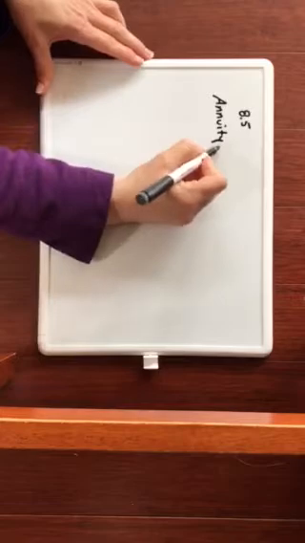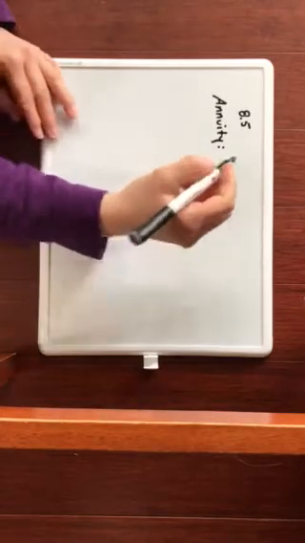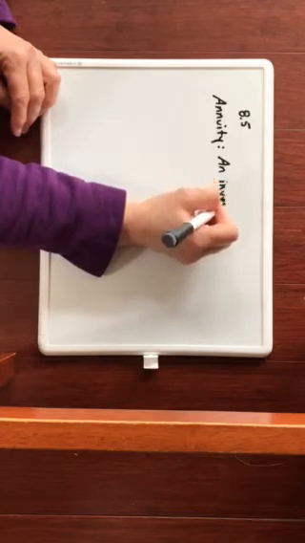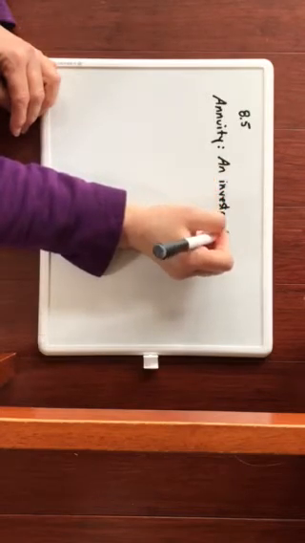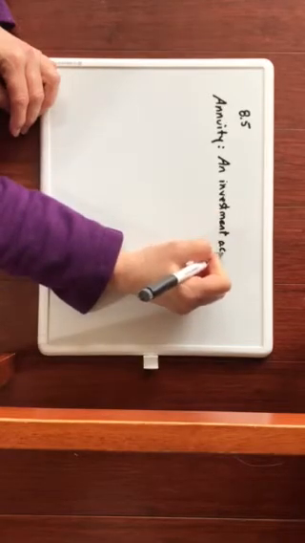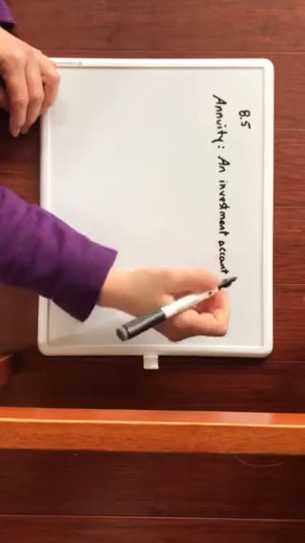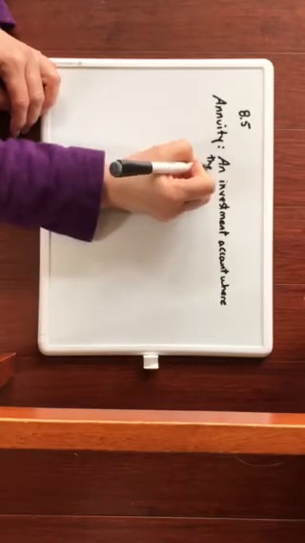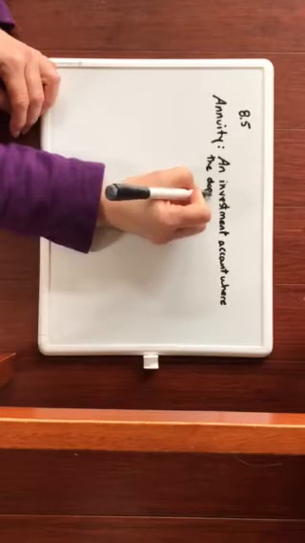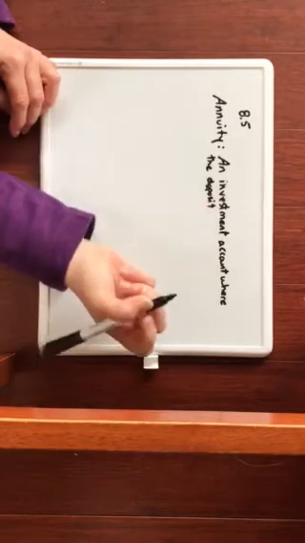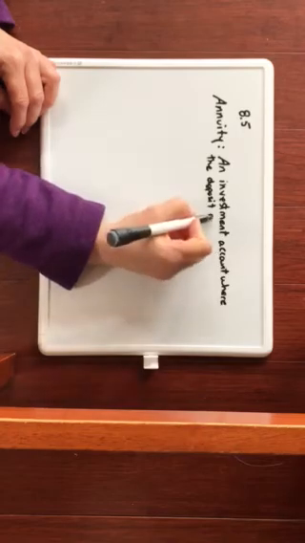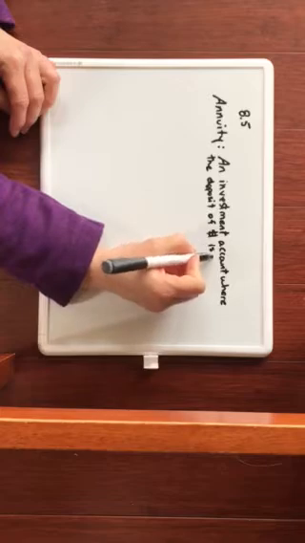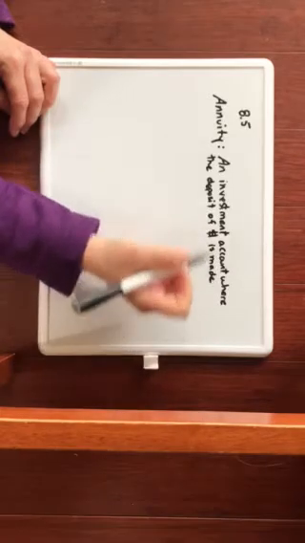Okay, here's the definition of an annuity that I came up with. It's an investment account where the deposit of money is made consistently.